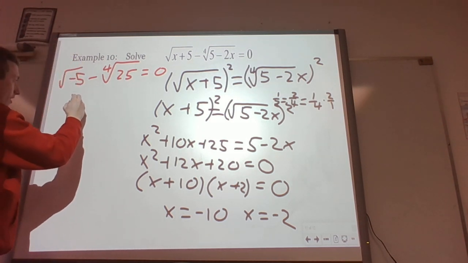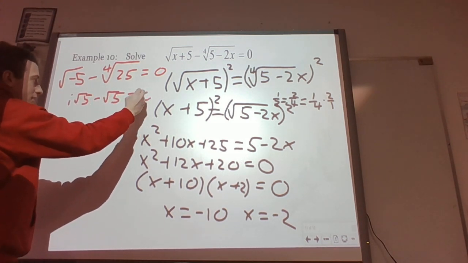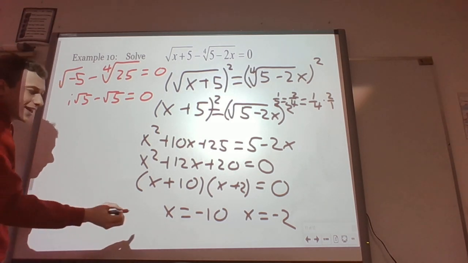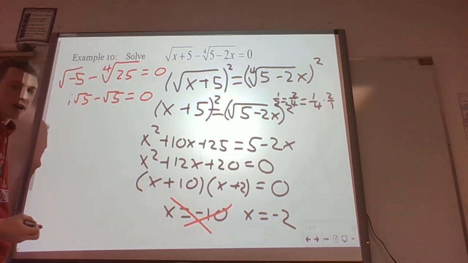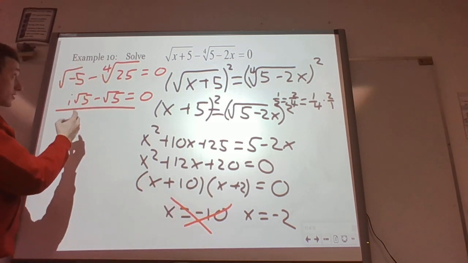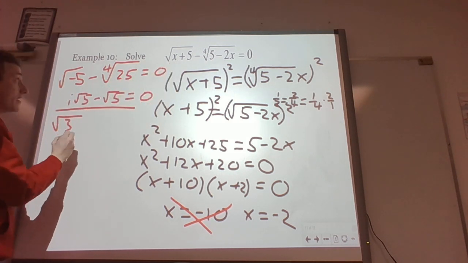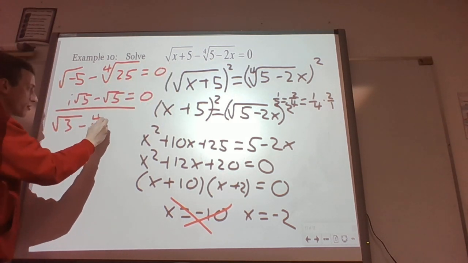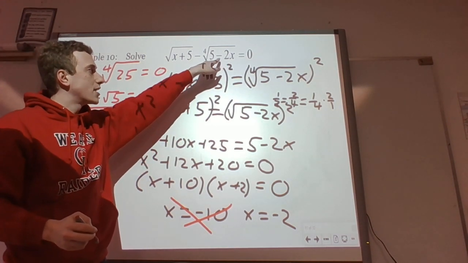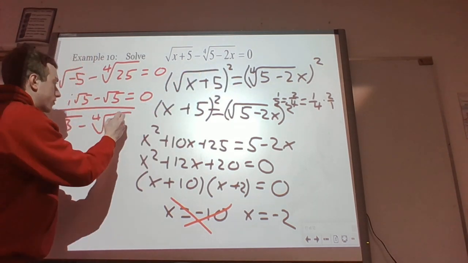We could have i root 5 minus root 5. It's not really equal to 0. That's a complex number. So it looks like negative 10 is throwing some red flags. Hopefully x equals negative 2 can bring it home for us. Negative 2 plus 5, root 3, minus the fourth root of negative 2 times negative 2, positive 4, plus 5, 9, fourth root of 9.